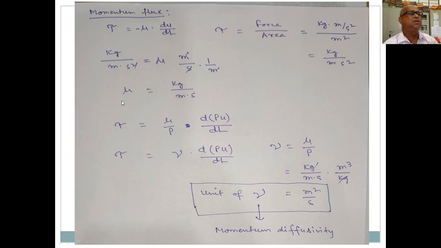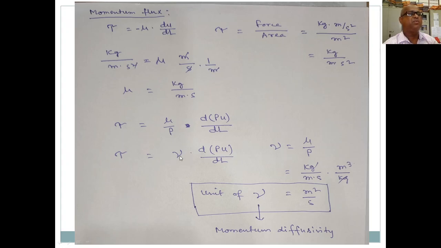Now tau equals nu times d(rho u)/dl. This is the momentum diffusivity, and rho u is the momentum per unit volume, so this is the change of momentum per unit volume, and this nu is your kinematic viscosity.